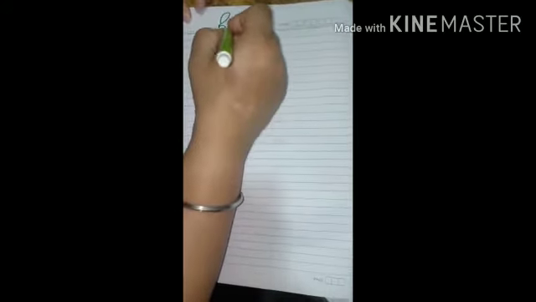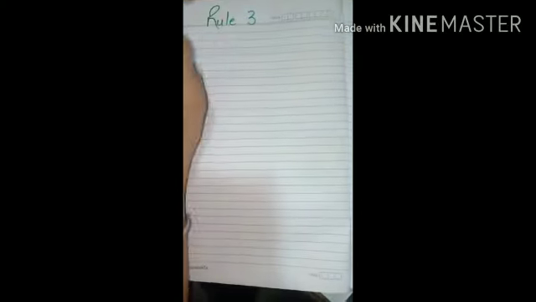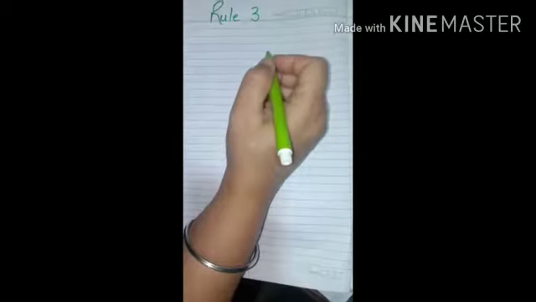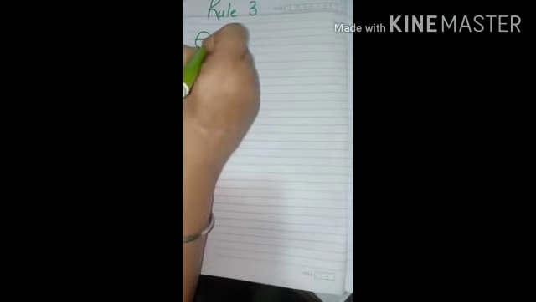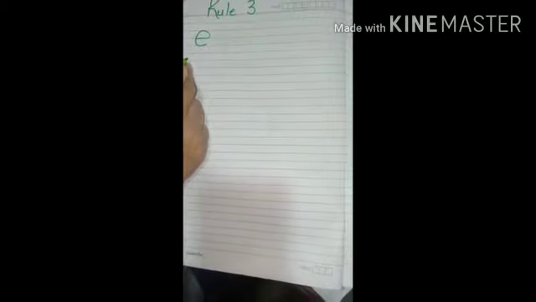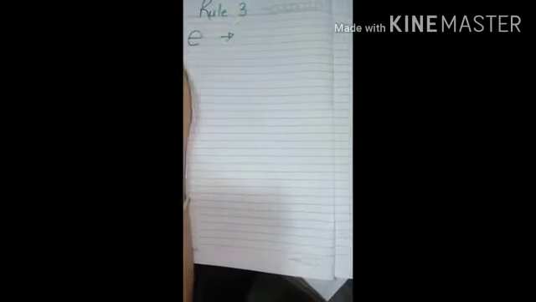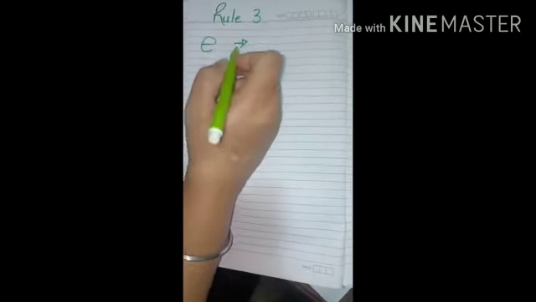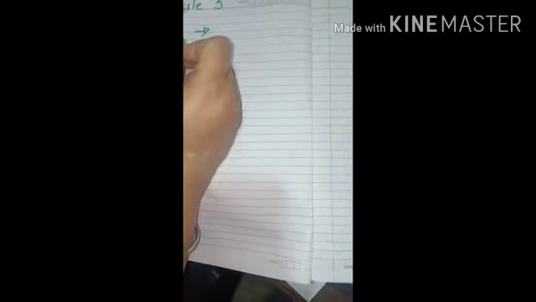Now let's move on to Rule 3, which is a little bit similar to Rule 2. It also has to do with the silent E. Whenever the word ends in silent E, we are not going to drop that E over here, because we are not talking about the vowel suffix.